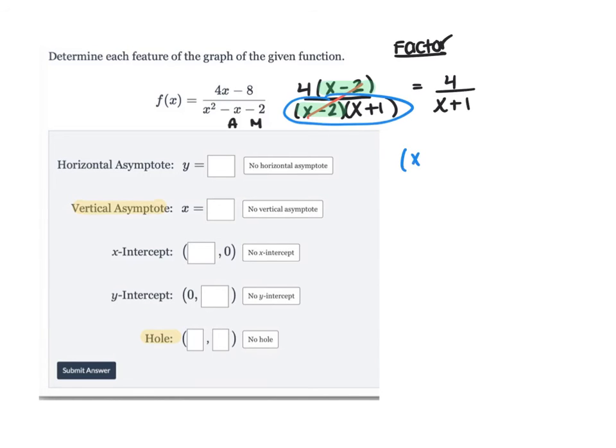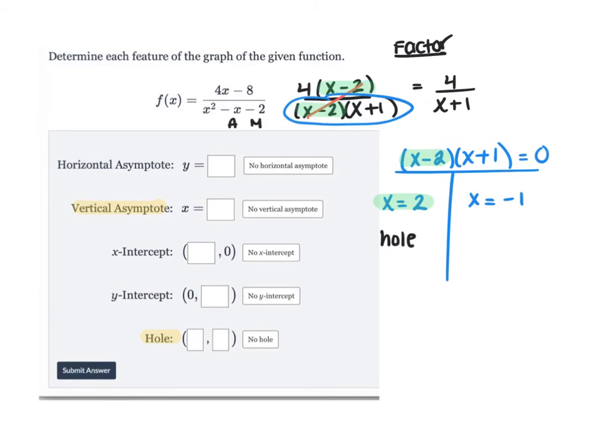So you have x minus 2 and x plus 1. If we were to set this equal to 0 and find the undefined values, we would get 2 and negative 1, right? So since this x minus 2 was canceled, that means this x equals 2 is the x value of the hole. And the values that are left over are my vertical asymptote.